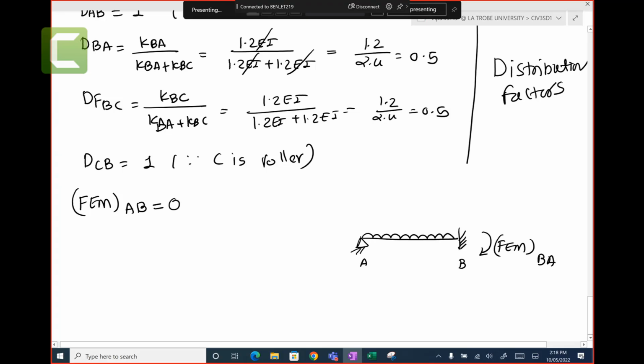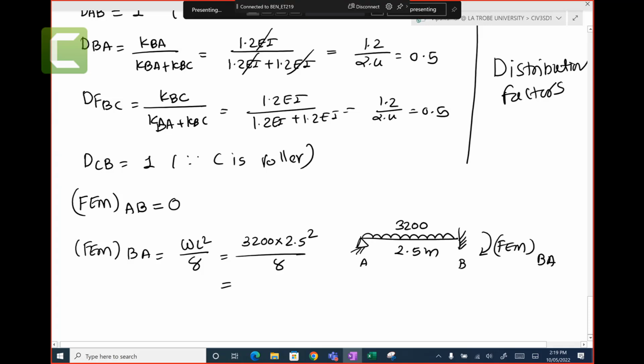I think AB is 0. Fixed end moments of BA equal to clockwise WL square on 8. You can look at this, this is 3200 and the length is 2.5 meters. 2.5 square over 8. You get fixed end moment of 2500 Newton meters.